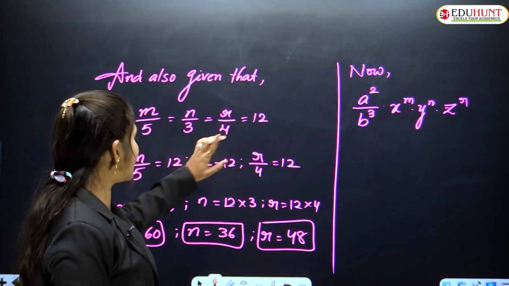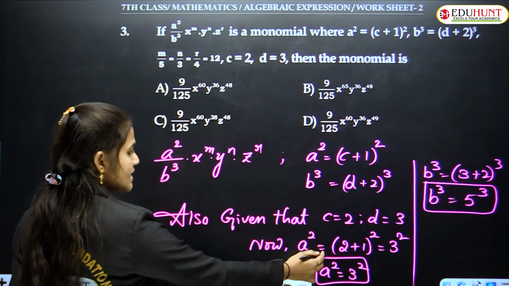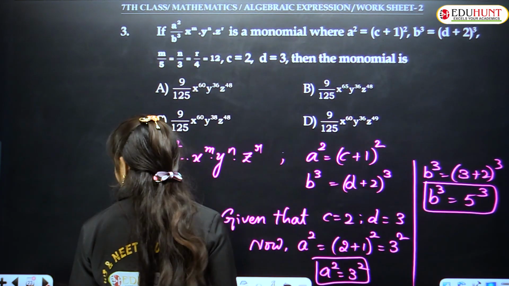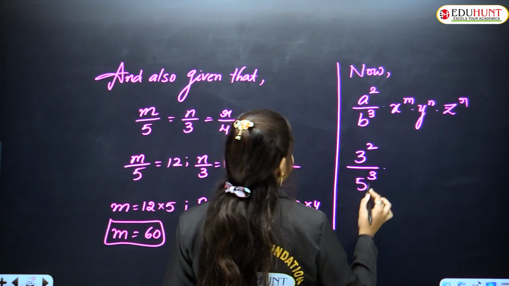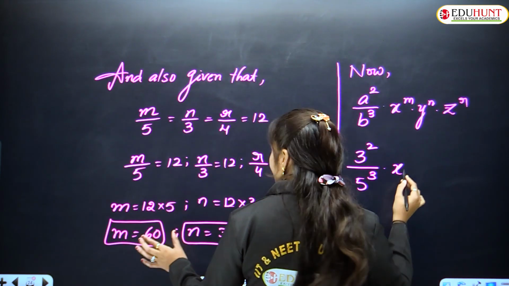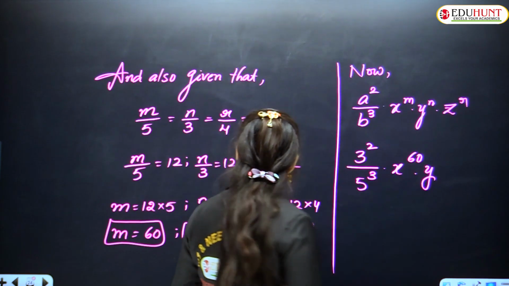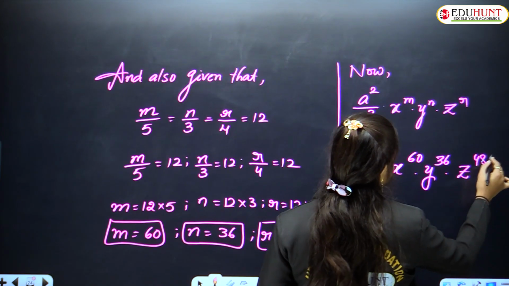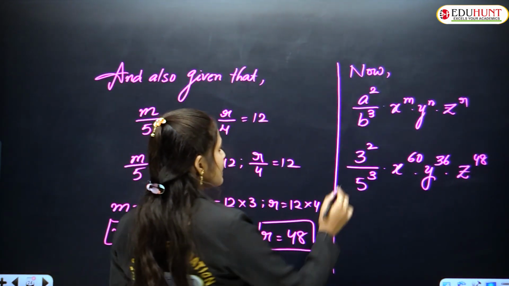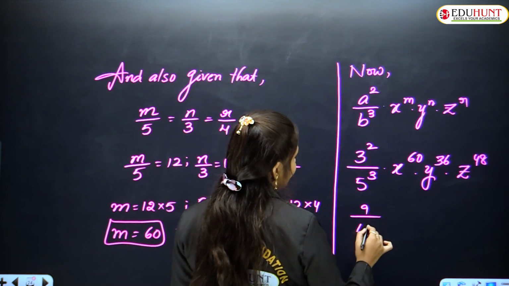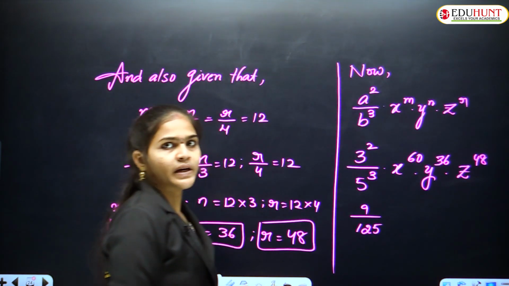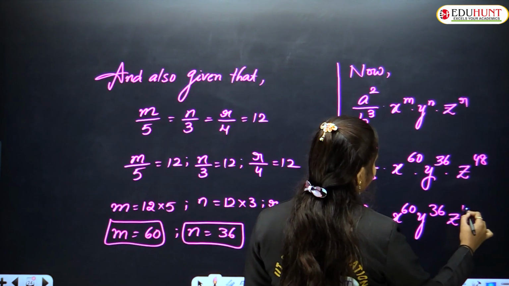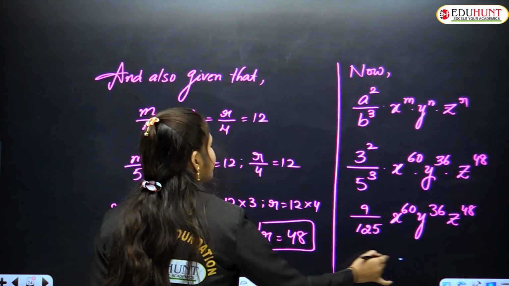We know a square is 3 square, b cube is 5 cube, and x power m is x power 60, y power n is y power 36, and z power r is z power 48. Simplifying, 3 square is 9, by 5 cube is 125. 5 fives are 25, 25 fives are 125, into x power 60, y power 36, z power 48. Finally, this is the required answer. Understand?